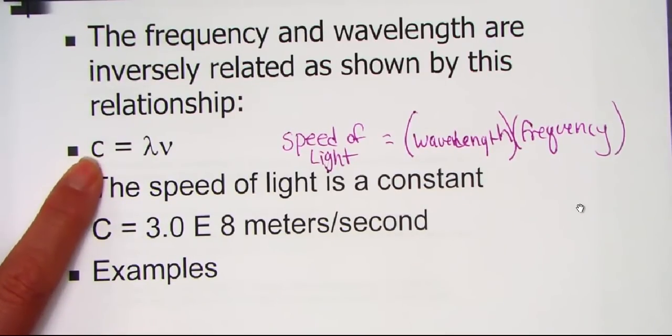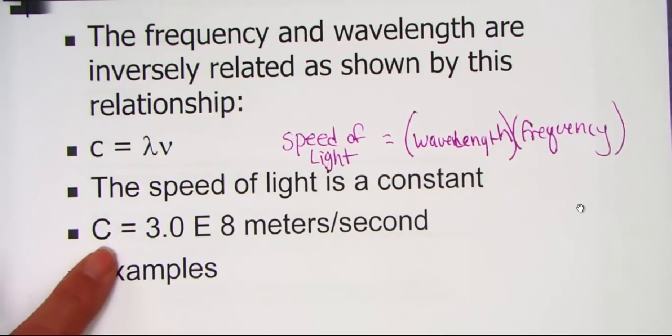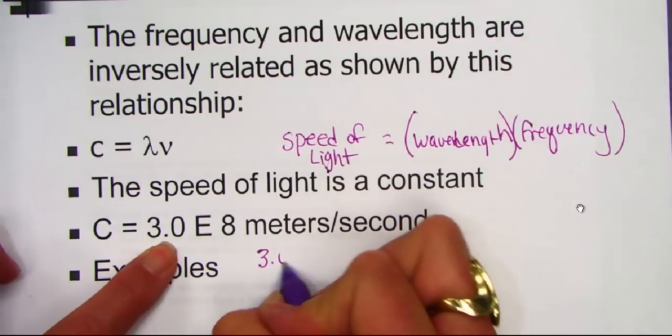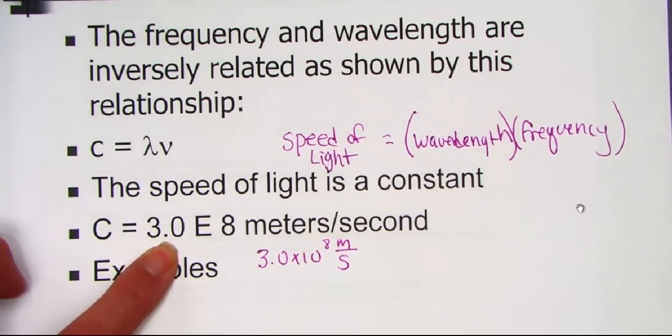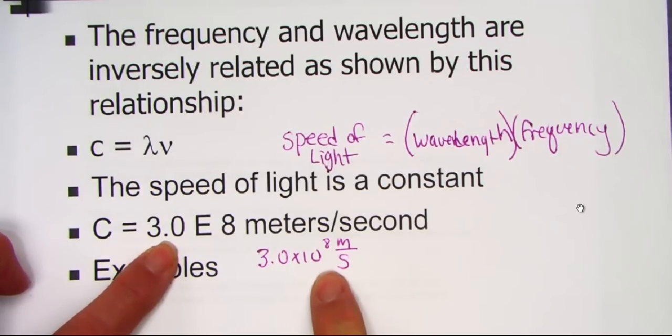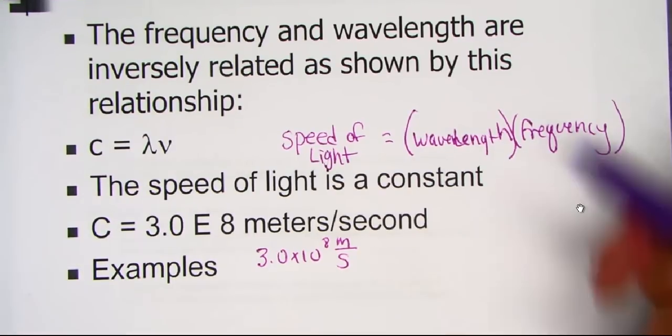The speed of light is a constant. The constant has a value of 3.0 times 10 to the 8th meters per second. Light travels 3.0 times 10 to the 8th meters every second that goes by.